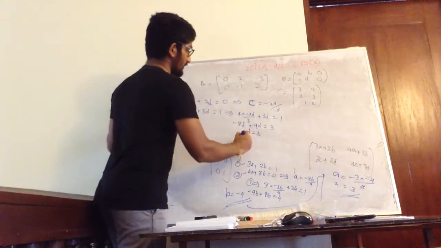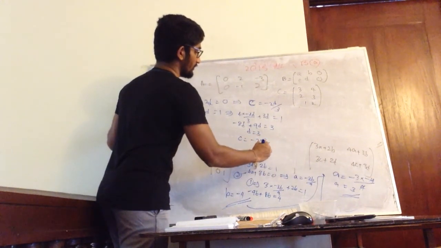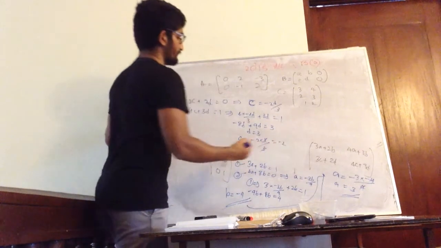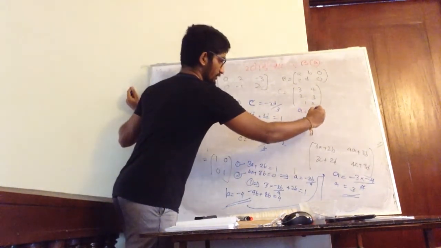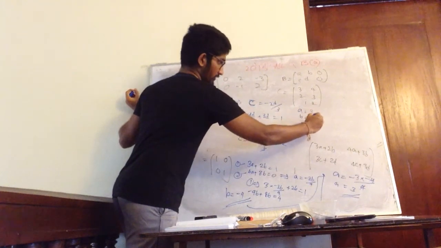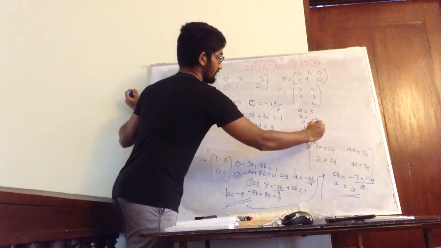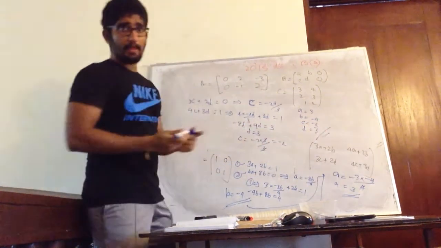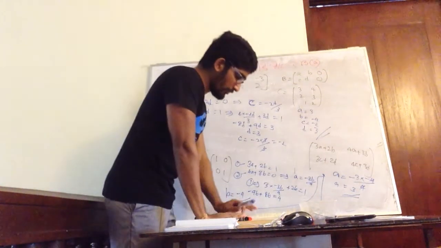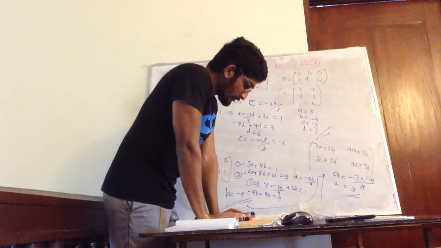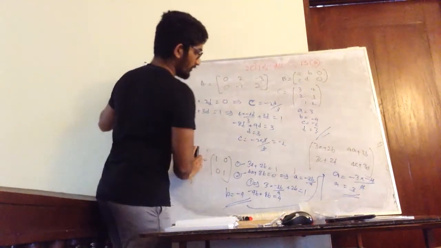Because D is 3, C is going to be minus 2 times 3 over 3, which is minus 2. So we have found A, which is 3, B is minus 4, C is minus 2, and D is 3. Understood?